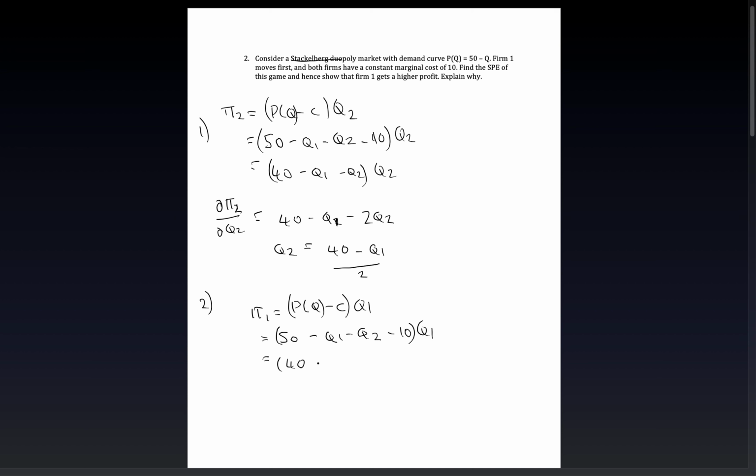It equals (40 minus Q1 minus Q2) times Q1. We now know what Q2 is, so we can substitute that Q2 in.